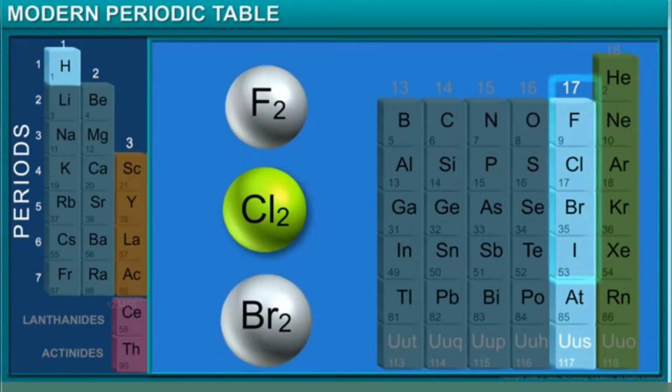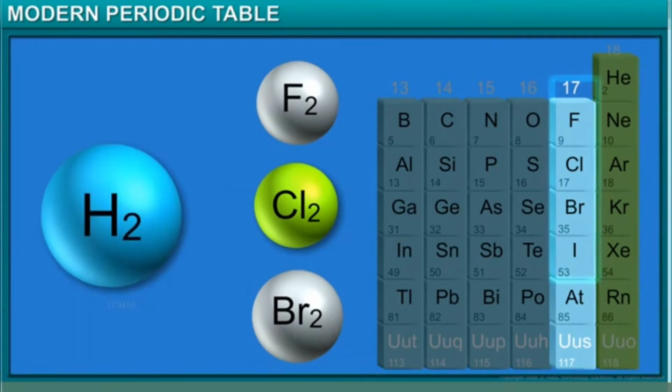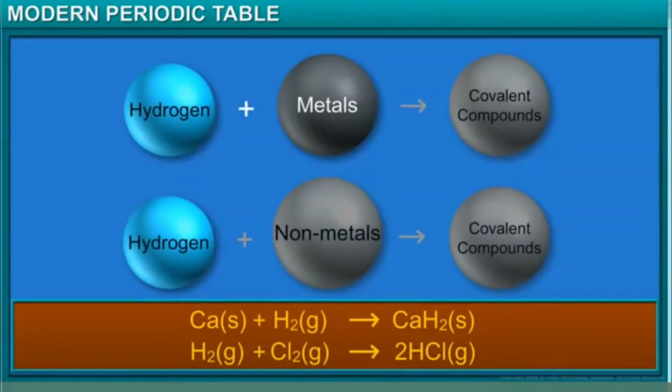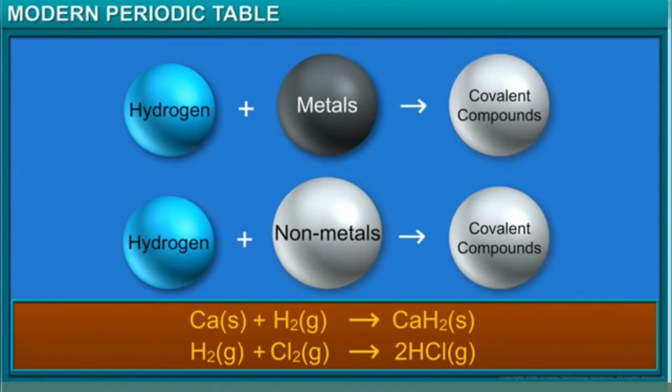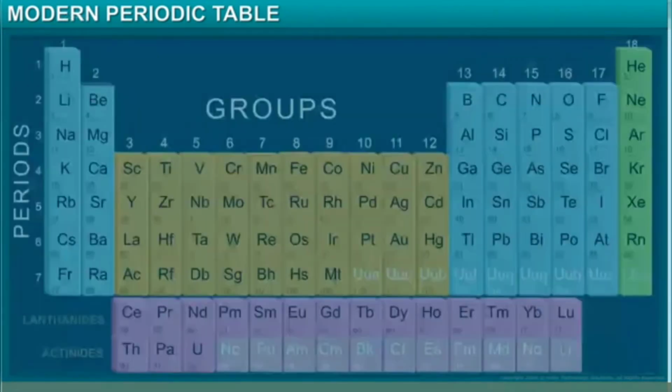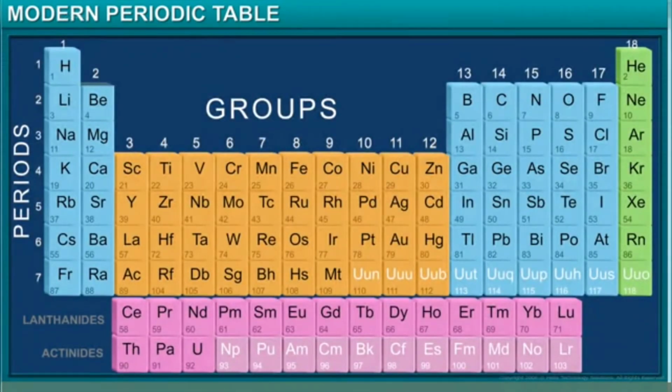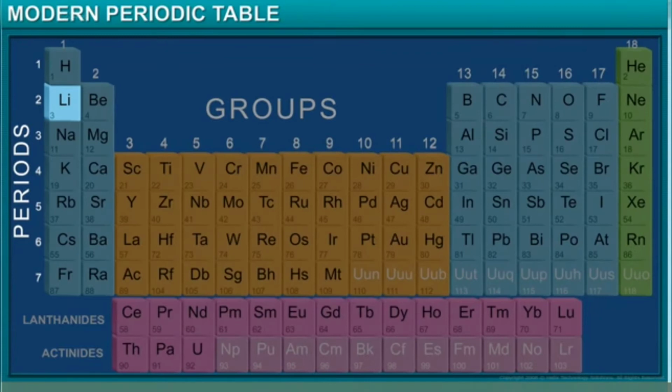On the other hand, like halogens, hydrogen exists as a diatomic molecule and combines with metals and nonmetals to form covalent compounds.